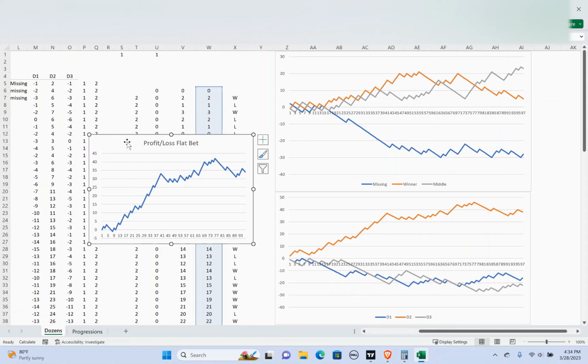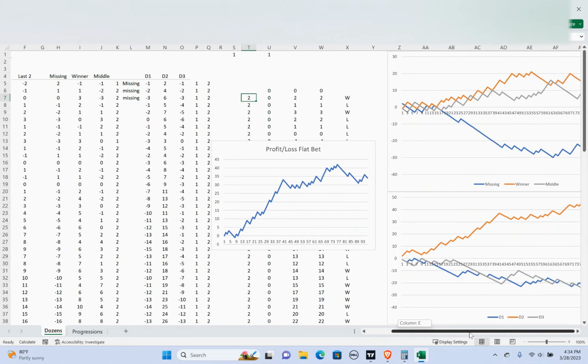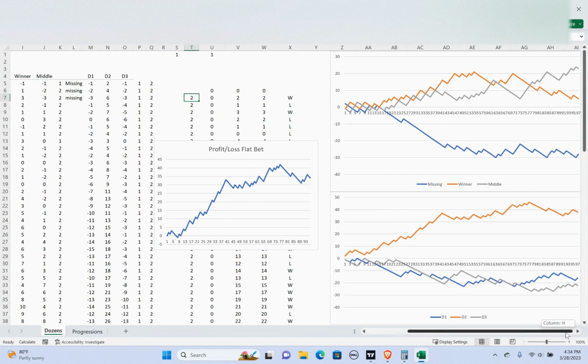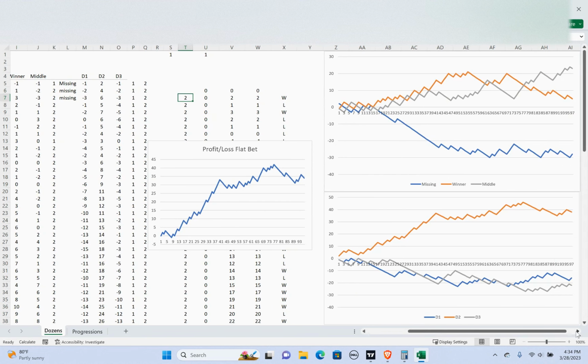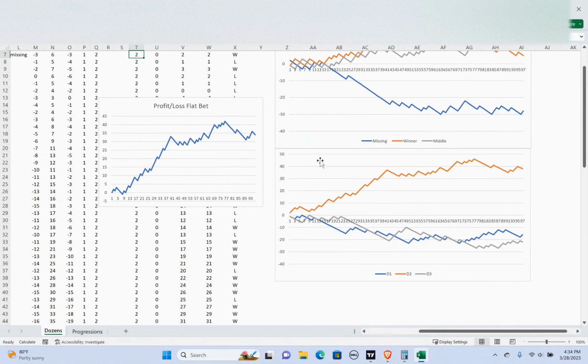So the first thing I've added, I was playing with something else when this thought crossed my mind. I had built a 2 dozen sheet to test out a 24 number system, actually the one I used on my video about what I think of the 24 number system. Anyways, I realized that not only could I model the performance of the individual dozens, like here, dozen one, dozen two, and dozen three.